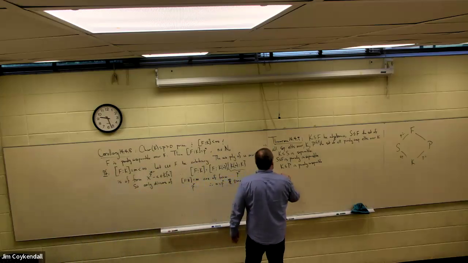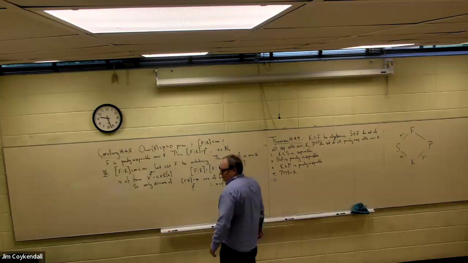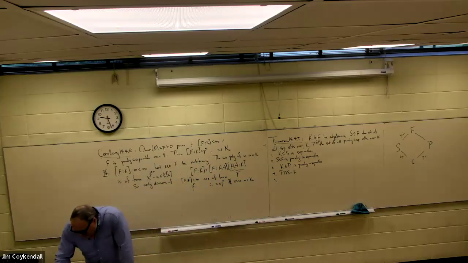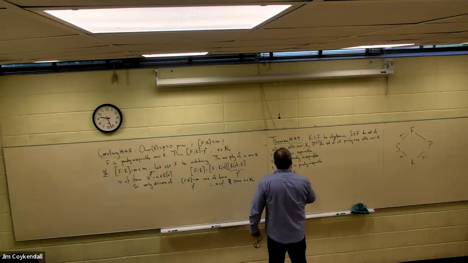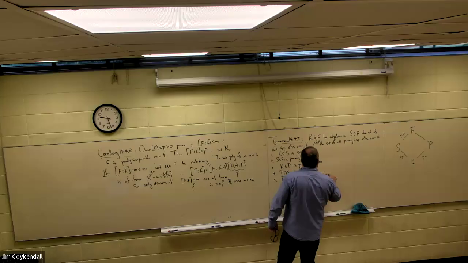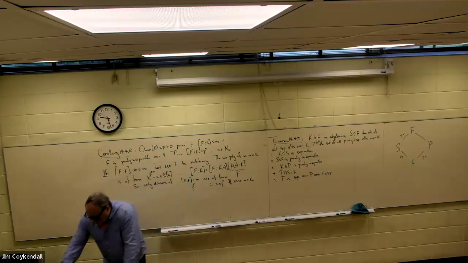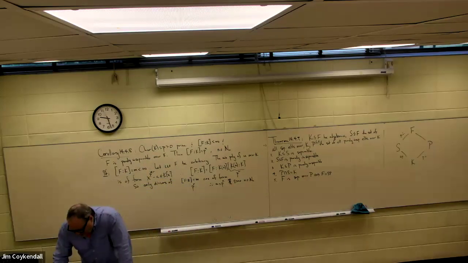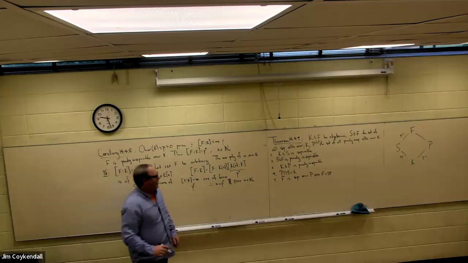Four, P intersect S is equal to K. And five, F is separable over P if and only if F equals SP. And six, if F is normal over K, then S is Galois over K.